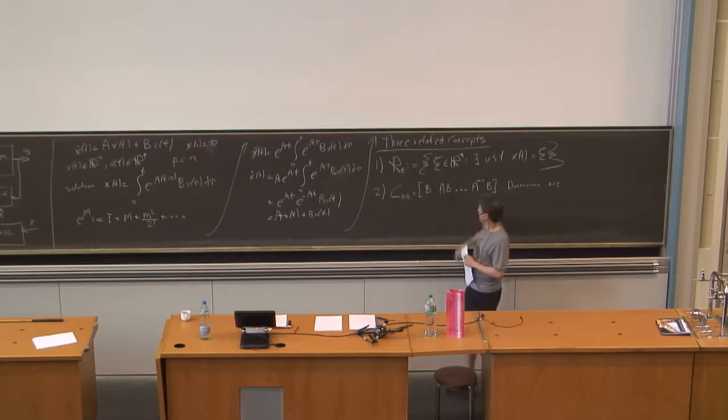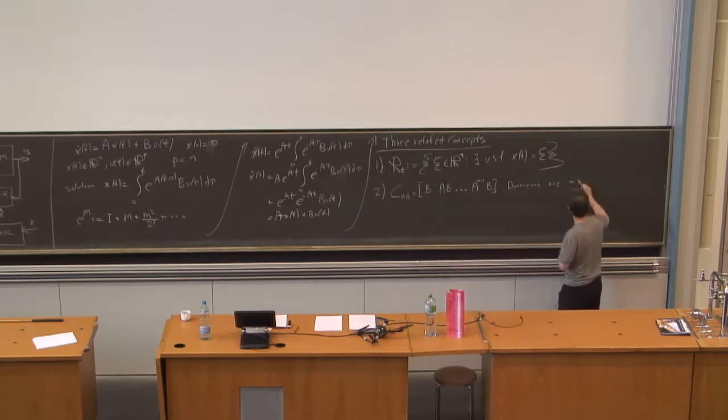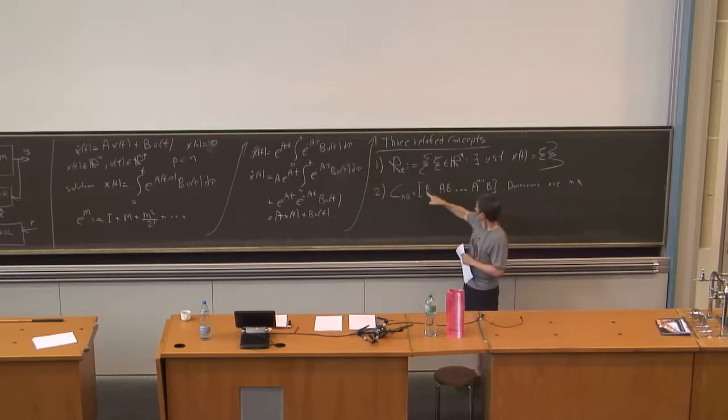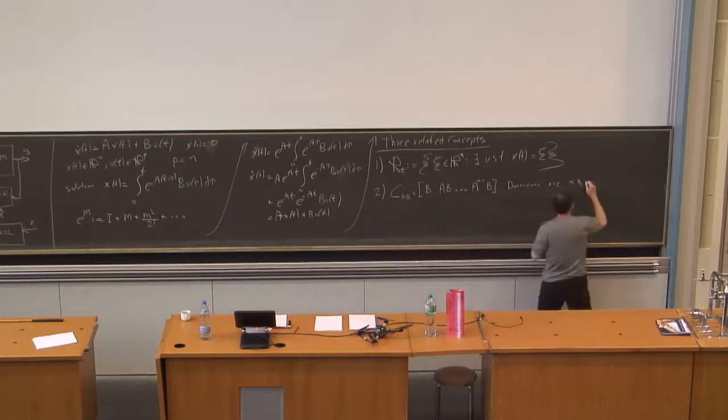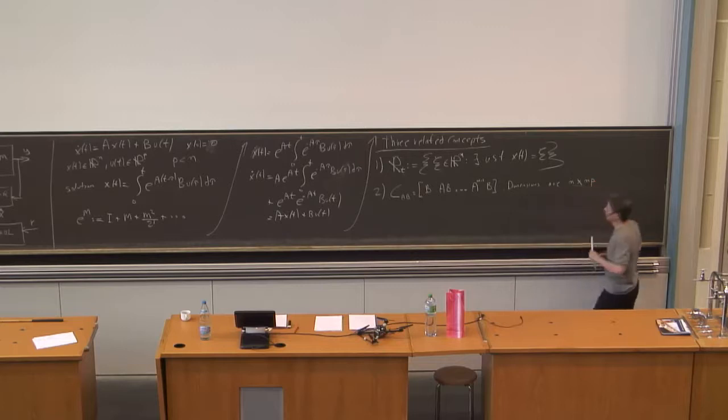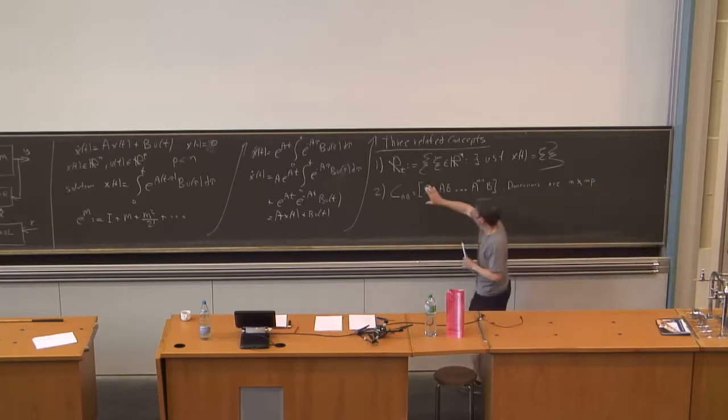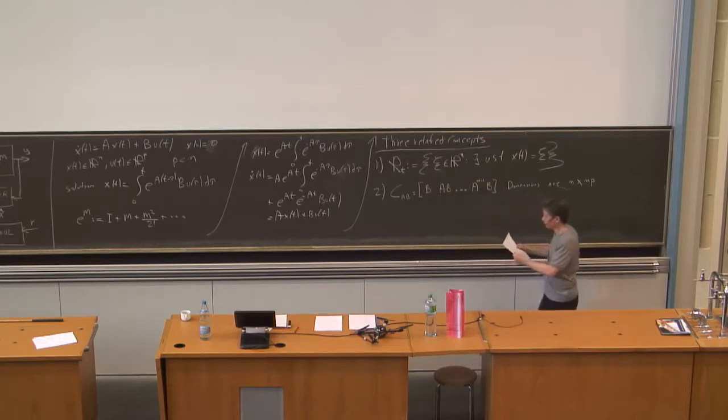It has n rows. And columns, each block has dimension p, and I have n of them, so this is n times np. Okay, so this is a fat matrix. It has many more columns than it has rows.